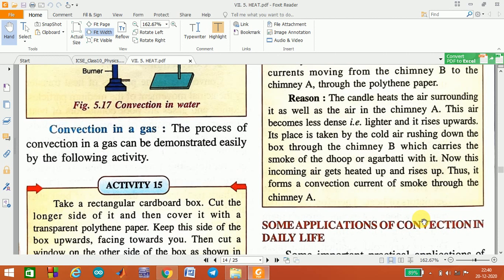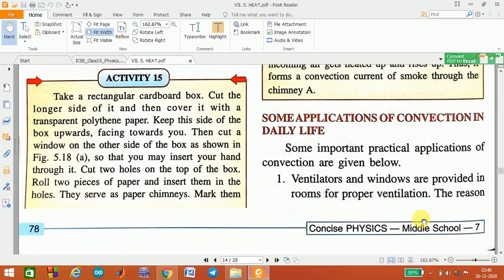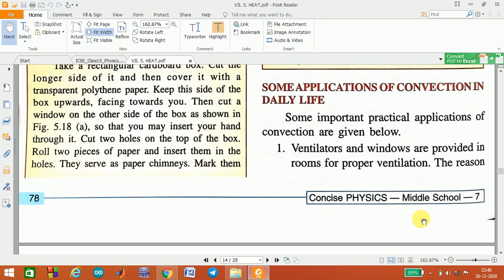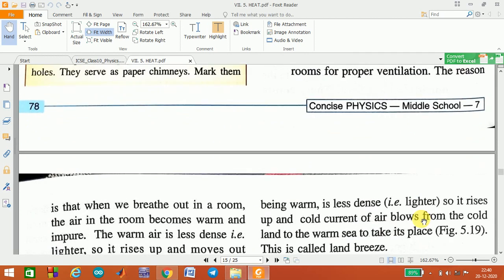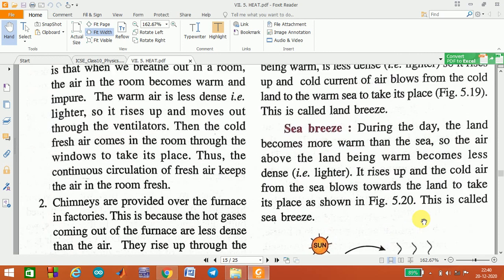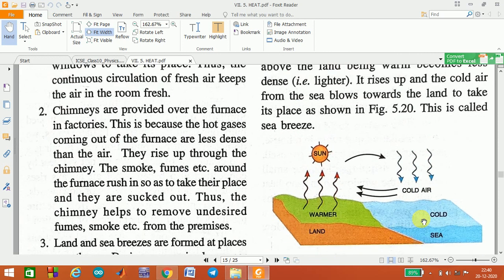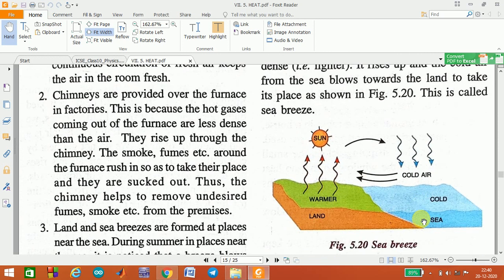Then we have some applications of convection in daily life. The first one is that ventilators and windows are provided in rooms for proper ventilation. The second one is that chimneys are provided over furnaces of factories. What is the reason?